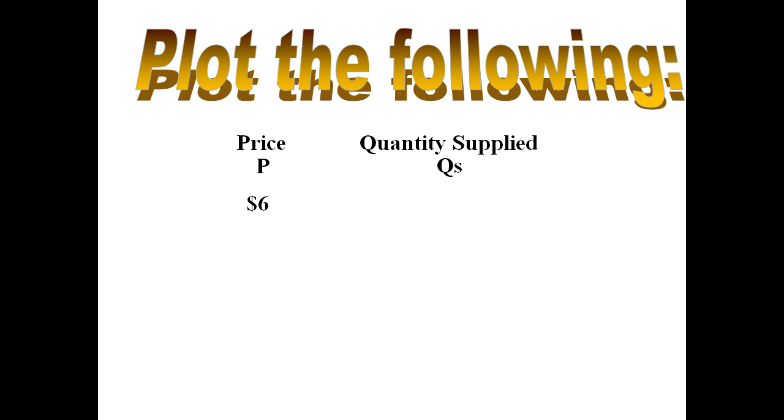So let's say we're looking at hammers. At $6 a hammer, you'll have 2 supplied. $7 a hammer, you have 3. $8 a hammer, you have 5. $9 a hammer, you have 9, etc. So notice here that as price is going up, quantity supplied is also going up. There is a direct relationship between those variables.